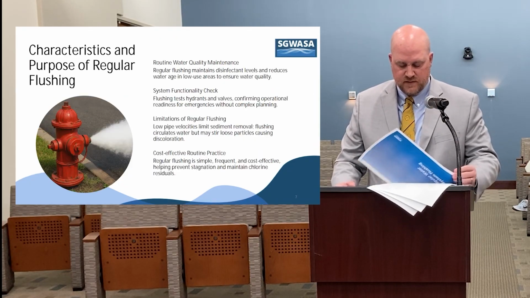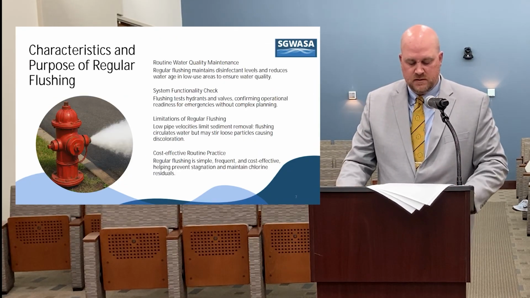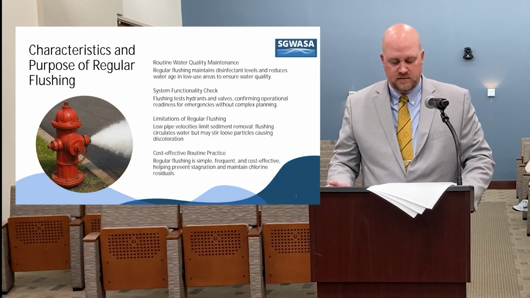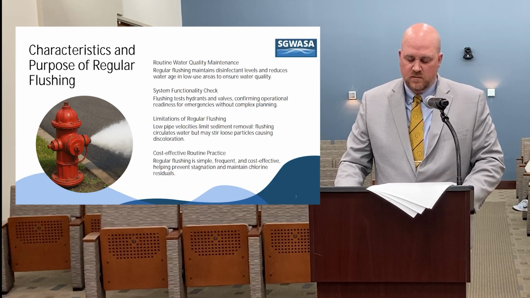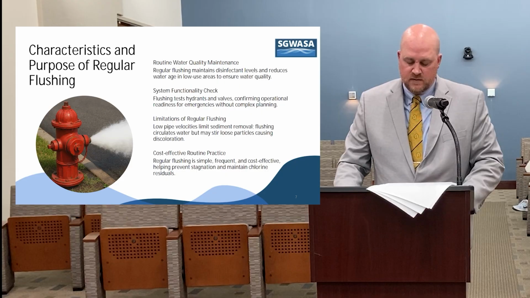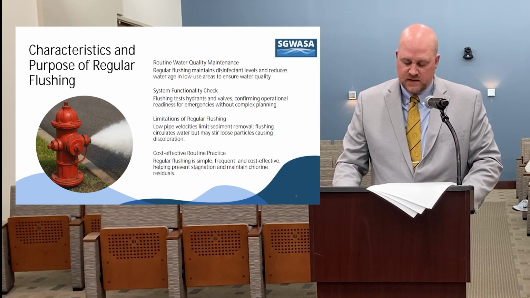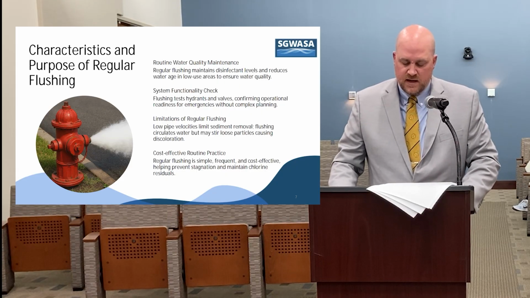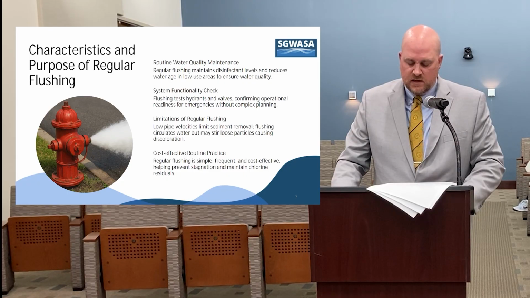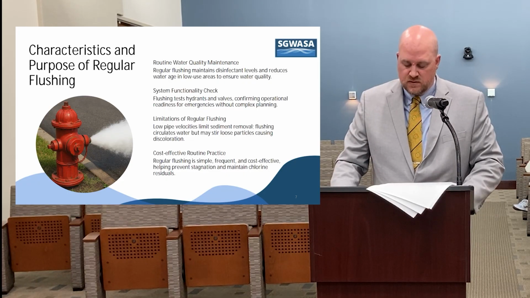Regular water system flushing. So the characteristics and purpose of regular flushing. Routine water quality maintenance. Regular flushing maintains disinfectant levels and reduces water age in low-use areas to ensure water quality. The system functionality check.